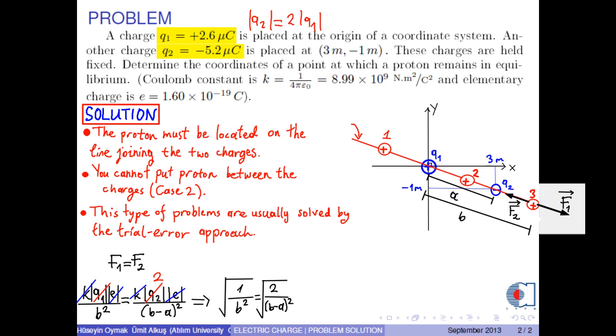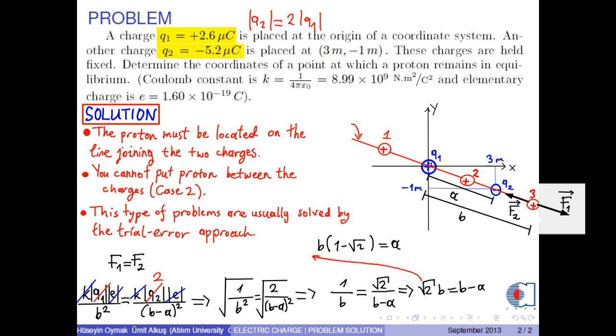If we take the square root of both sides, we obtain 1 over b equals square root of 2 over (b minus a), from which we obtain square root of 2 times b equals b minus a, or b times (1 minus square root of 2) equals a.